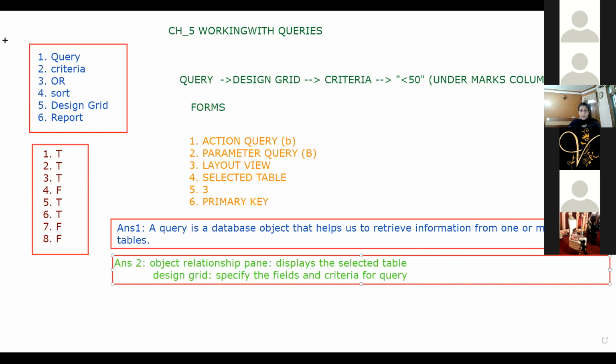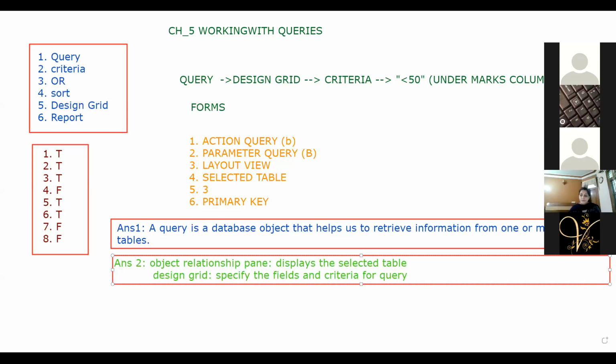What do you understand by criteria? Criteria is used to set the condition on the basis of which the records are filtered. Very good.